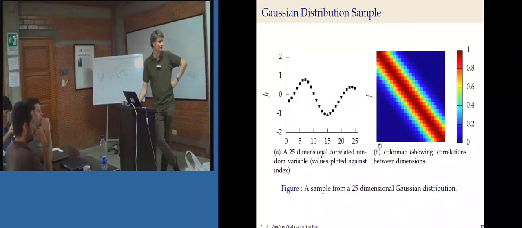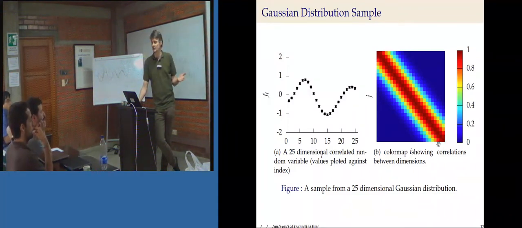The index of the samples is along this axis here, 0 to 25 and 0 to 25. So this is the variance of the 0th point, and this is the variance of the 24th point, point index 24. Across the diagonal, we're saying that their variance is 1, and as the indexes get further and further apart, the covariance decreases.